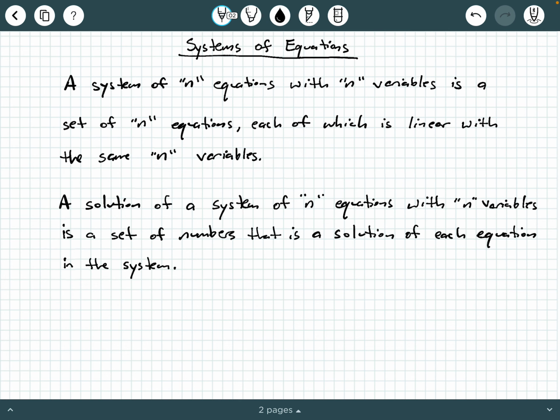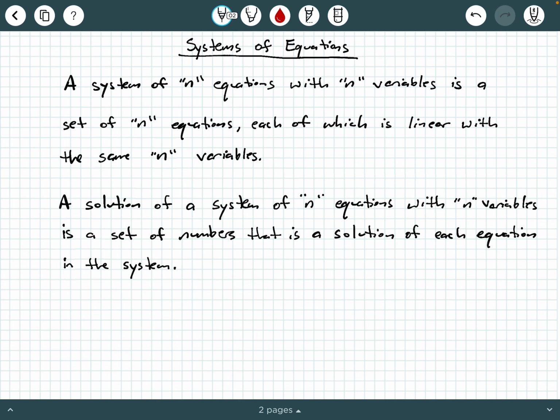Okay, and so when we think of a solution of a system of equations, we think of a solution consisting of one solution, no solutions, or infinite solutions.